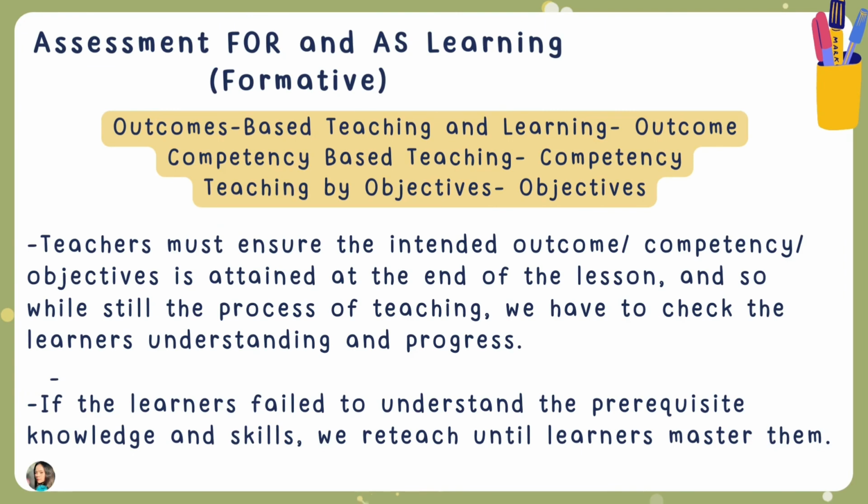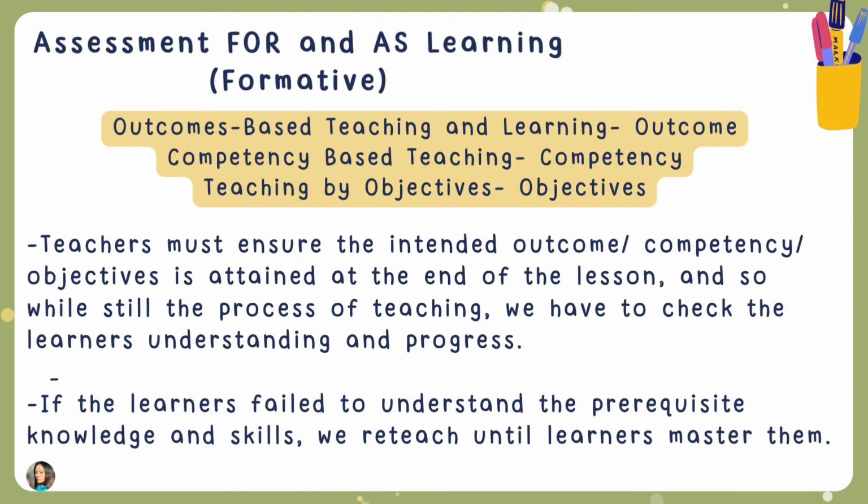So take note that in a formative assessment, one must be knowledgeable about outcomes-based teaching and learning, competencies-based teaching, and teaching by objectives. In a formative assessment, you must hit the intended outcome, the competency, and objectives pertaining to that topic.